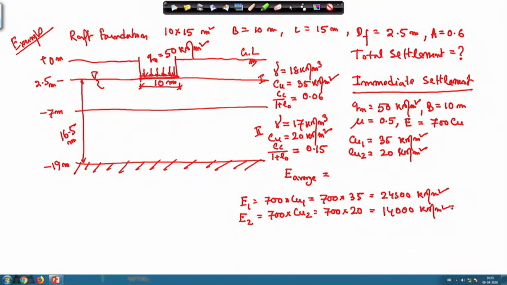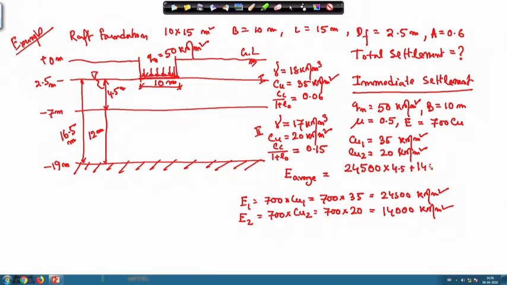So, the weighted E average is 24500 into the thickness of this layer, which is 4.5 meter, and this thickness is 12 meter.